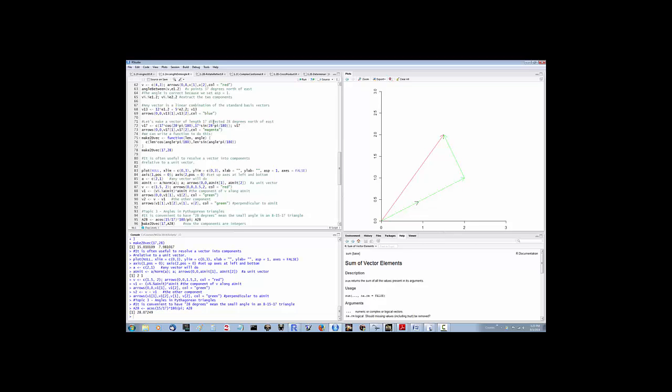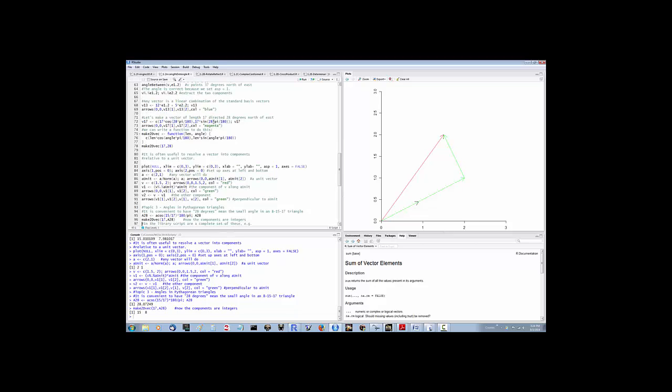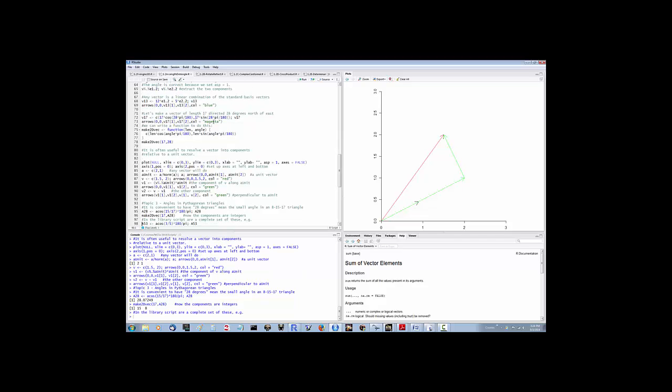I'm assigning that to the variable name A28, and in the library that I've created for this course, I've defined angles like this for Pythagorean triangles. So if you want 28 degrees to mean the angle in an 8, 15, 17 triangle, use A28, and when you use A28 as your angle, the two-component vector comes out to have precisely components 15 and 8.